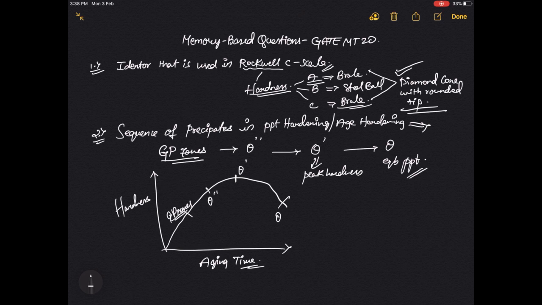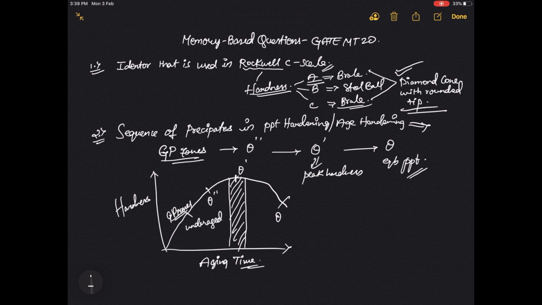As I said, this region is the peak hardness where you can see theta dash, and on the left side, that means in this region before theta dash, if you age for that time, it is called an underaged sample or underaged specimen.